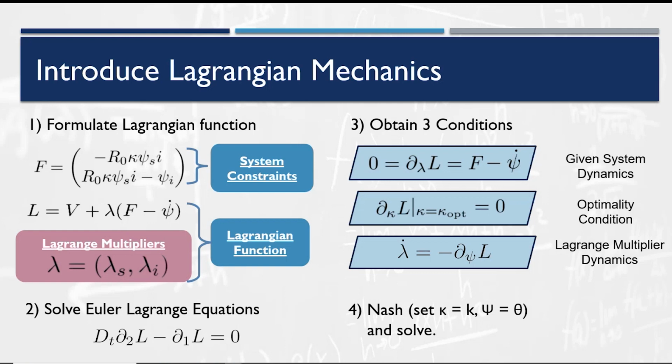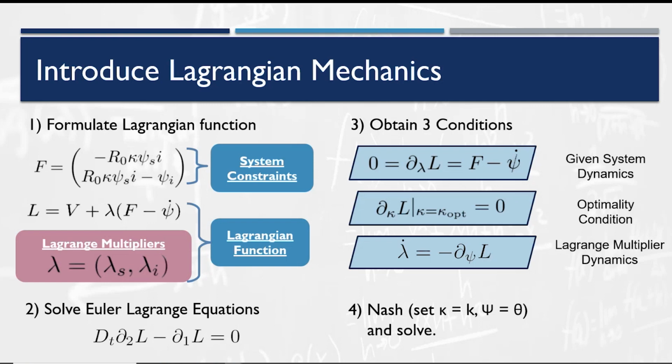These are hidden variables which don't really have a physical interpretation, but they're just functions of time, the same as our S, I, thetas, k's, and kappas. They're just first order. So what we can do is solve what's known as the Euler-Lagrange equations with respect to lambda, psi, and kappa in order to obtain these three optimal conditions which need to be satisfied by any optimal control or state of the epidemic.